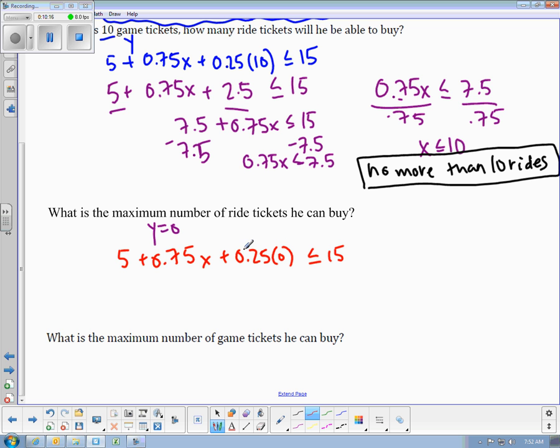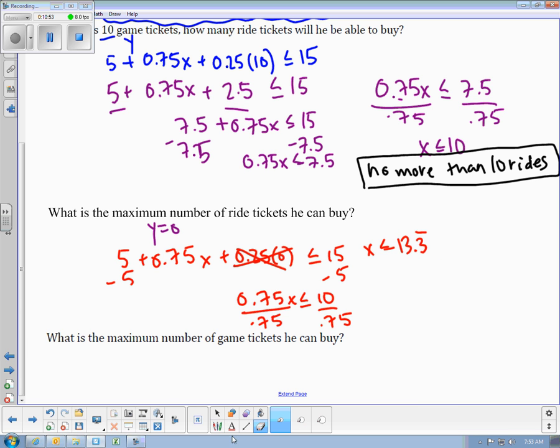And then 0.25 times 0 is gone. So I just subtract the 5. 0.75x is less than or equal to 10 and divide by the 0.75. When I divide that, 10 divided by 0.75, I end up with 13 and a third. So x is less than or equal to 13.3 repeating. Oops, I put that on the wrong side.